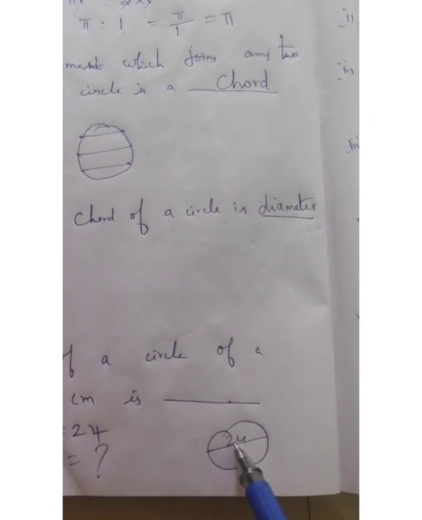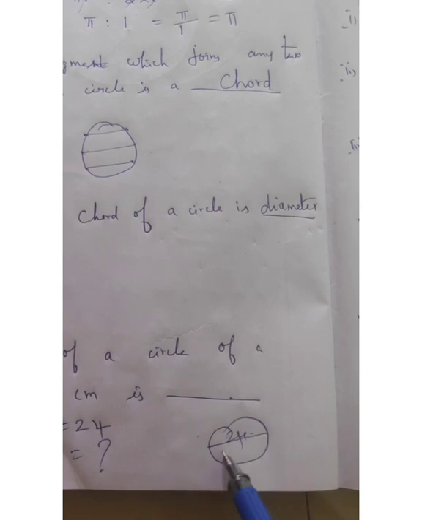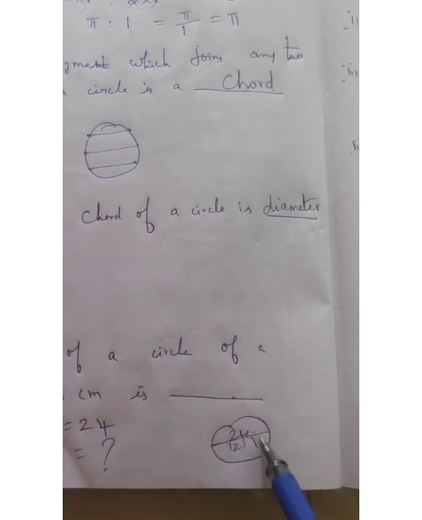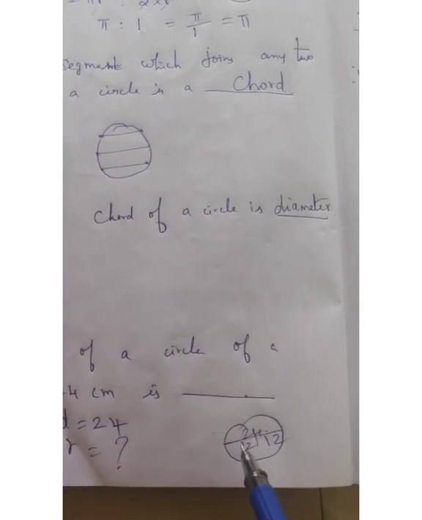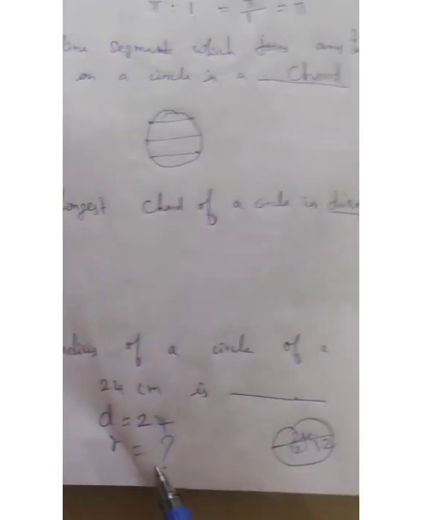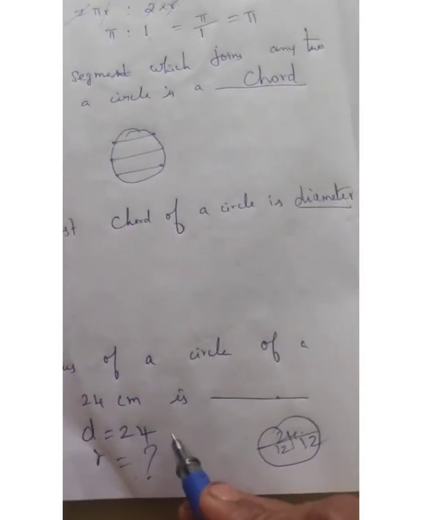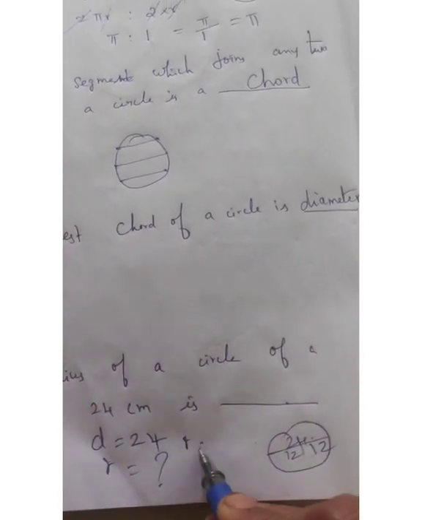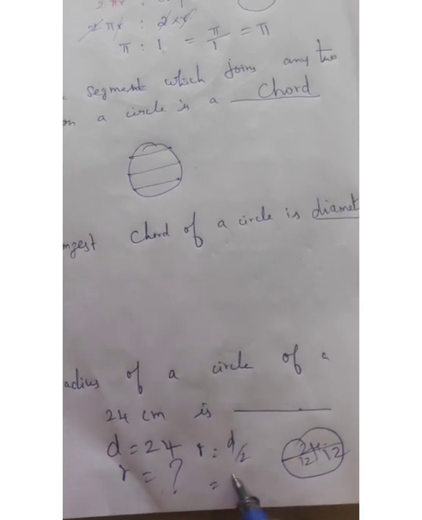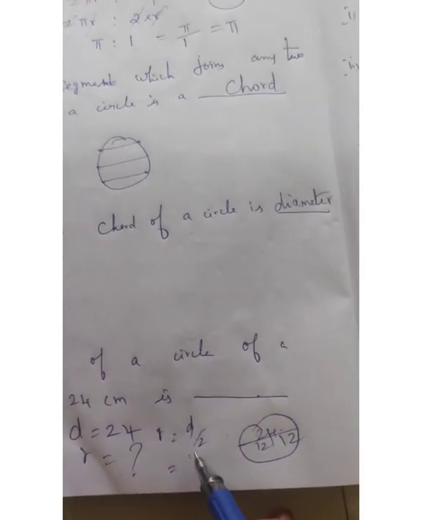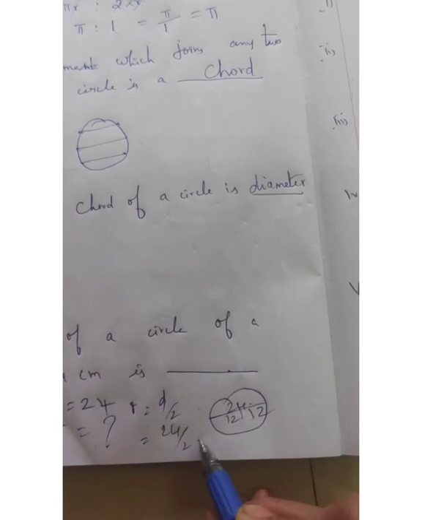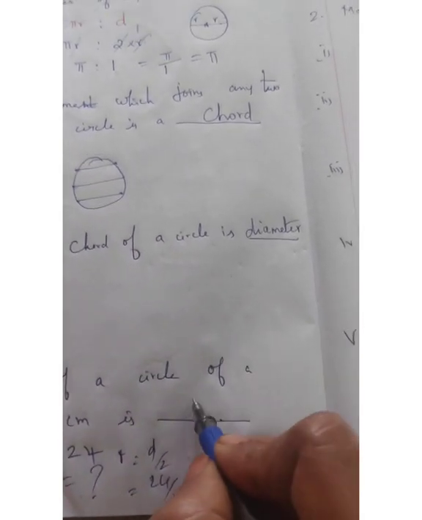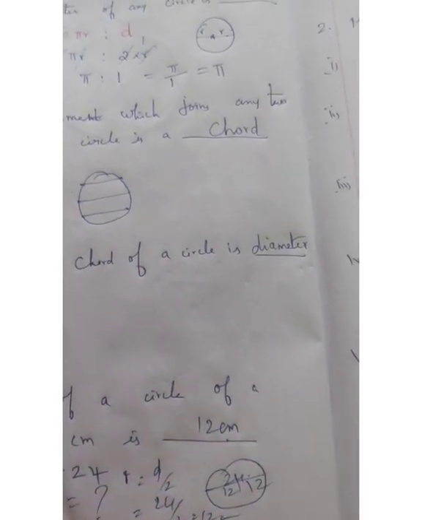Half is the radius. So half of 24 is how much? Here 12, here 12. So the radius of the circle is 12 centimeter. Otherwise, if you don't know, R equals D by 2 is the formula. D value equals 24. 24 by 2 equals 12 centimeter. Here the answer is 12 centimeter.